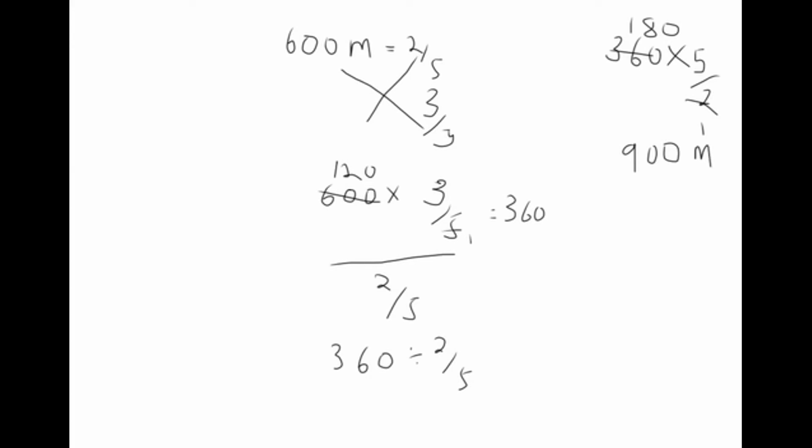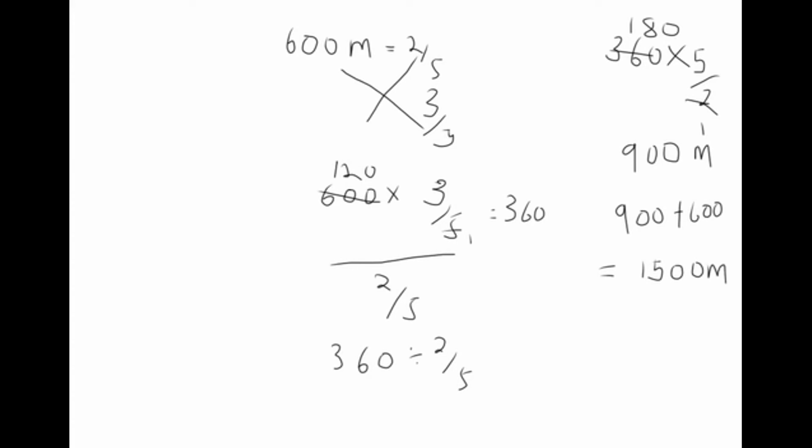Therefore, 3/5 was 900 meters. Therefore, the total race is 900, which is 3/5, plus 600, which was 2/5. So the total race was 1500 meters.